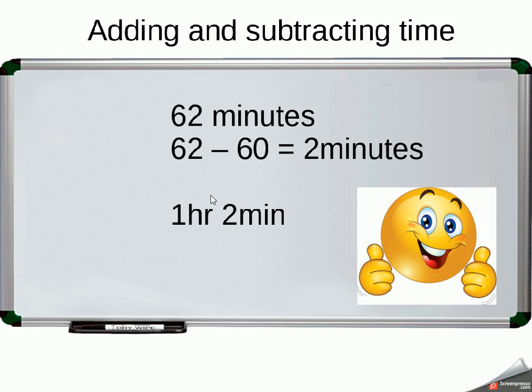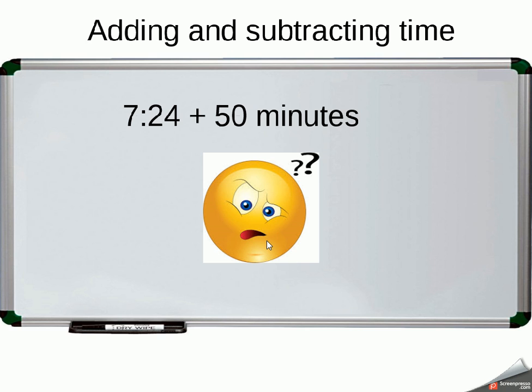And that tells us, because we took the 60 out once, and remember 60 minutes is an hour, we've taken 1 hour out and that has left the 2 minutes behind. So once we've done the adding of 45 add 17 and that's given us 62, we worked out how many hours that was by taking 60s out, in this case just 1 hour, and then the remainder is the number of minutes, so 1 hour and 2 minutes.